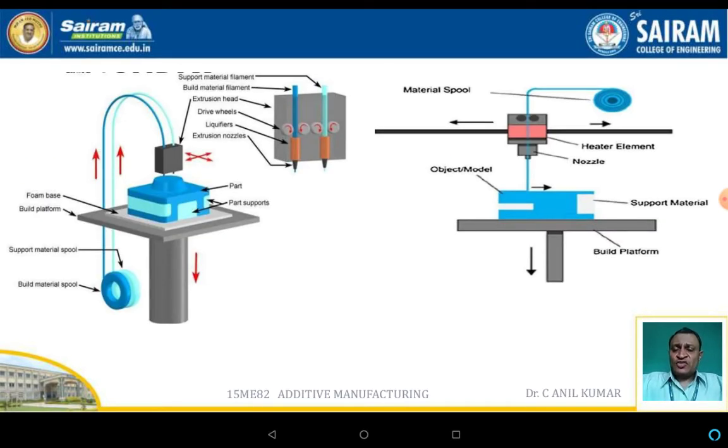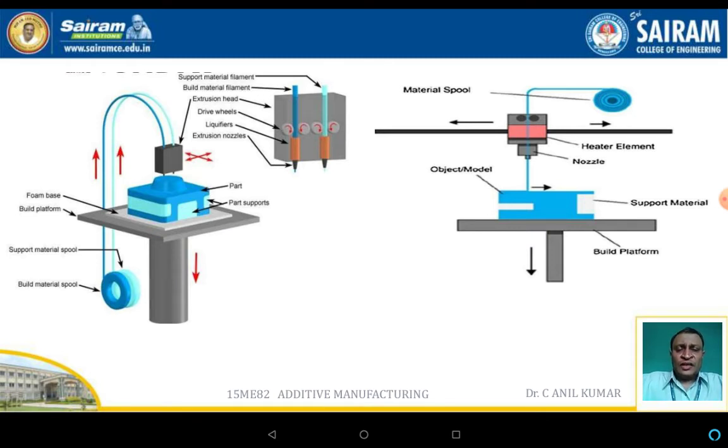This slide shows two sketches. One is the 2D of FDM, the other one is the 3D of the FDM. Now the FDM system, or the molten material system, consists of the base plate, also called a build platform, over which the component is built.